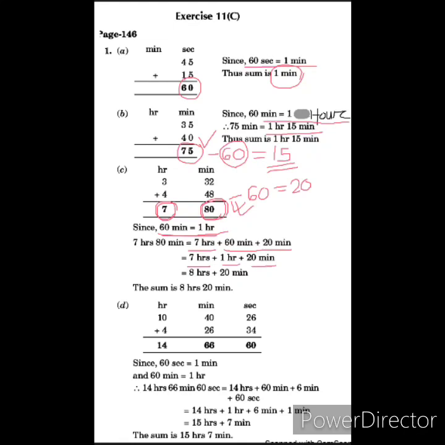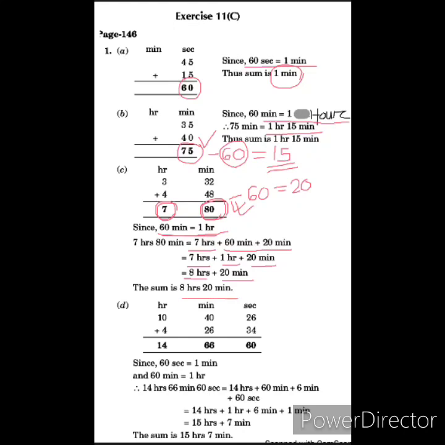In the next step, we will be adding these hours. 7 hours plus 1 hour is 8 hours, and the 20 minutes will remain. So the answer of the sum will be 8 hours 20 minutes.